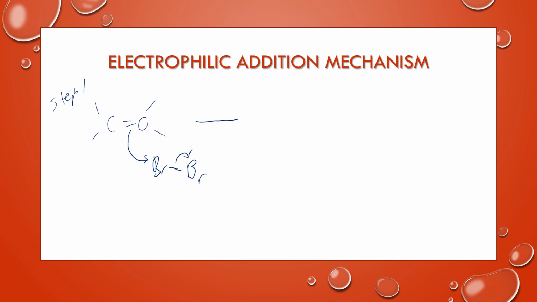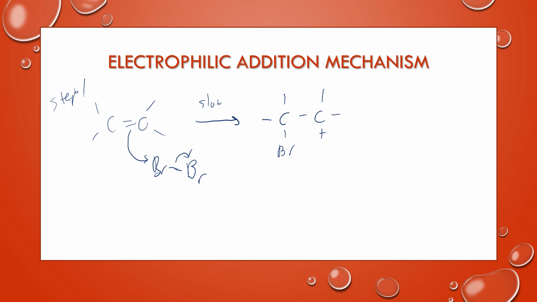Now this is a relatively slow process, so this first step is our slow step, or the rate determining step, and you're breaking that pi bond, so the bromine is going to add on, and the other carbon will have a lack of electrons now.